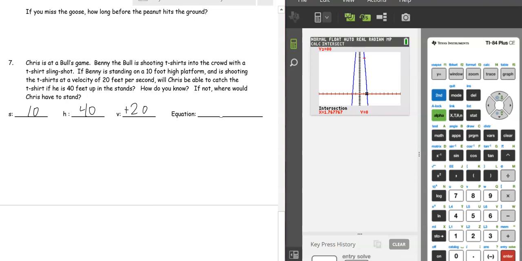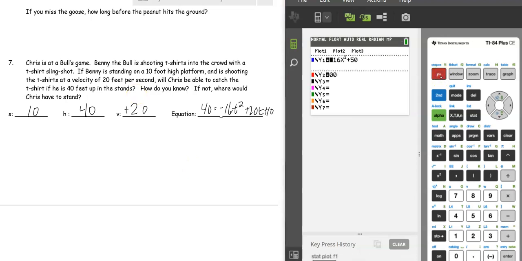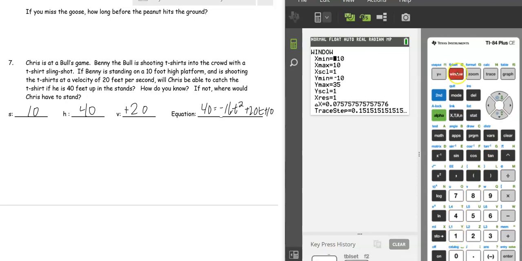So our equation would be 40 equals negative 16t squared plus 20t plus 10. He's starting 10 feet off the ground. I want to know, will Chris have a chance to get a shirt? So here we have negative 16t squared plus 20t plus 10 with our ending height at 40. We do need to change our window.